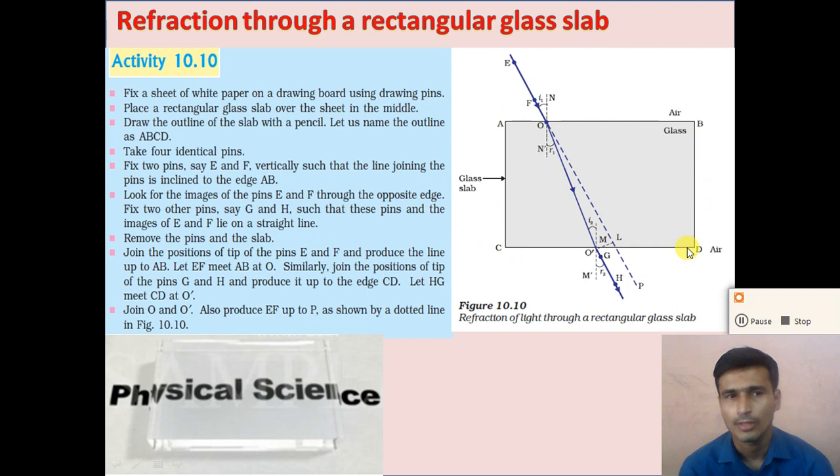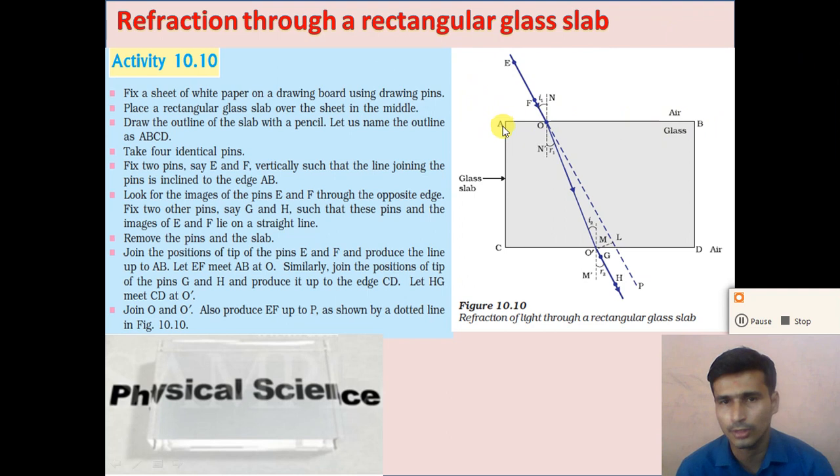Now on the white paper, take two pins, right? Say E and F. So draw one ray of light on the glass slab, right? And mark two pins E and F. So fix the two pins E and F vertically such that the line joining the pins is inclined at a point at the edge AB, right?